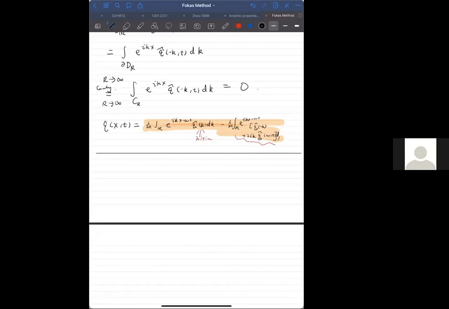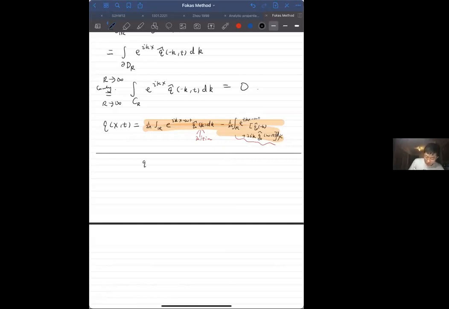The Fokas method assumes you have a well-posed problem, then you can present a solution by using your boundary value and initial value. He explores some relation about the presentation of the solution. The Fokas method has a lot of advantages.